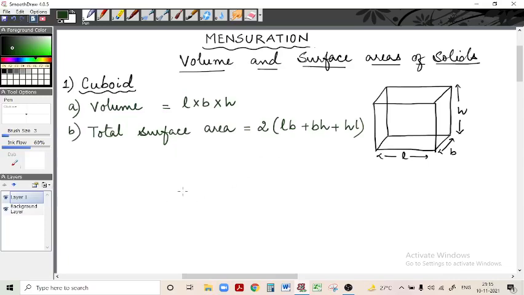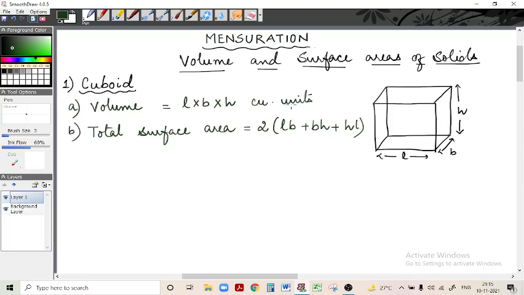Now all of these are related to mensuration, so they will have units, right? Volume is always measured in cubic units, so I am going to write cube units. Cubic units means, suppose you are measuring in centimeters, it will be centimeter cube.